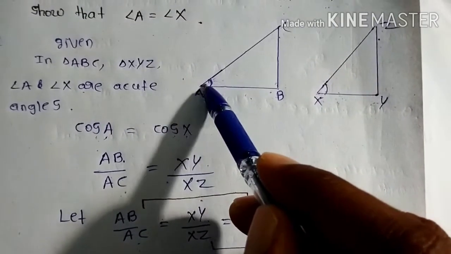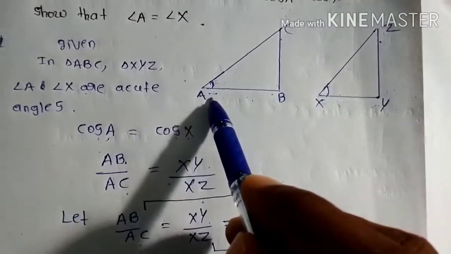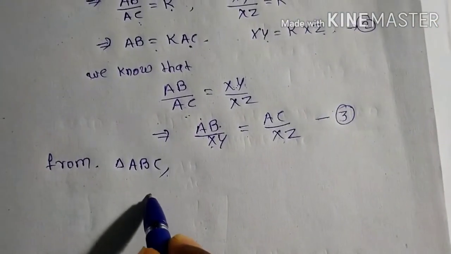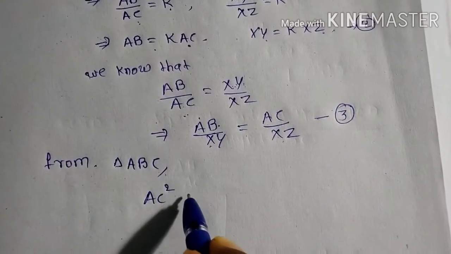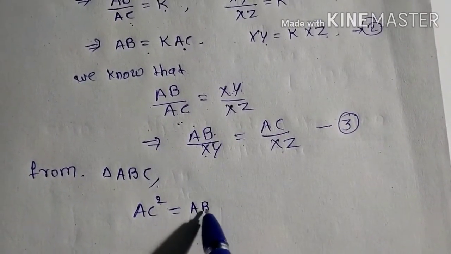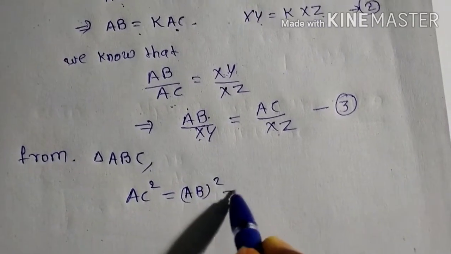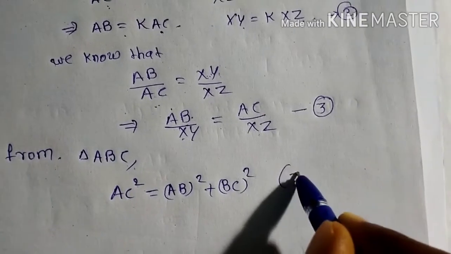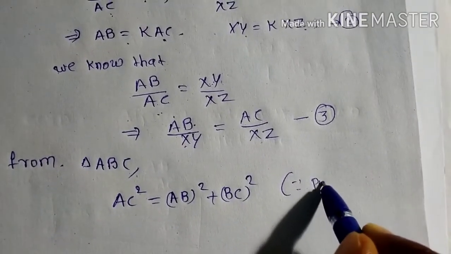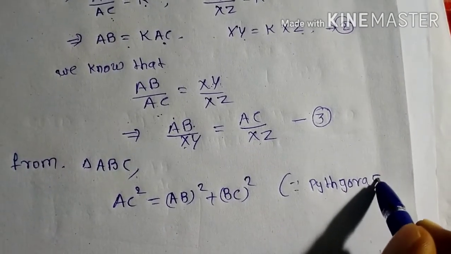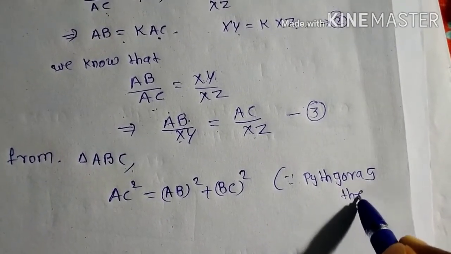That means can I write AC square is equal to AB square plus BC square? Yes, using Pythagoras theorem.